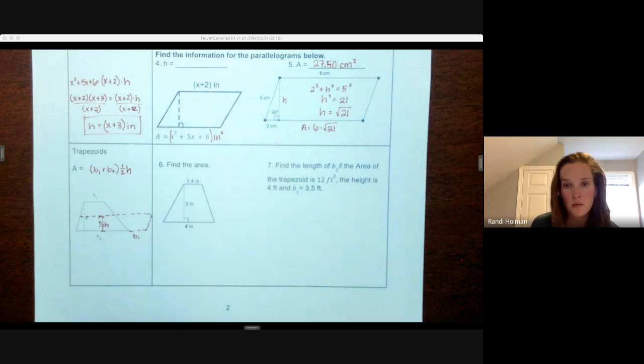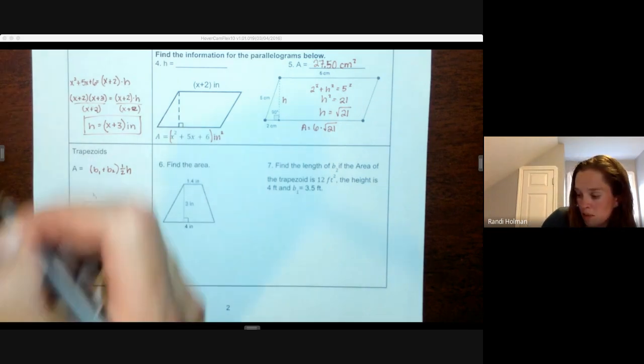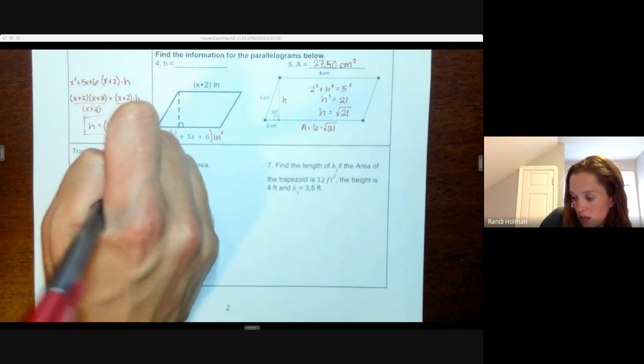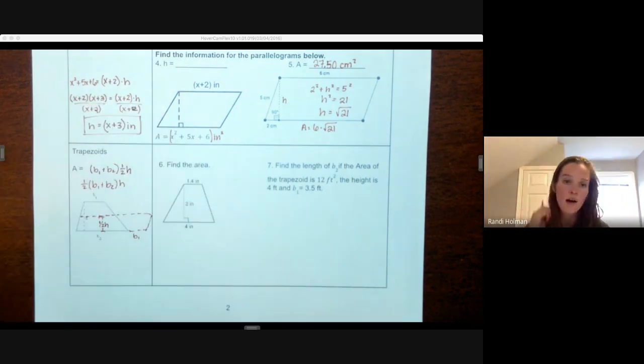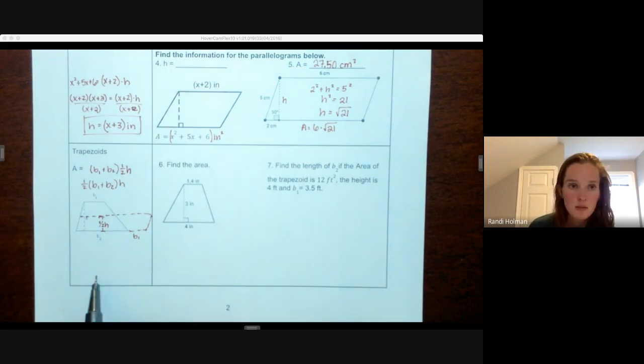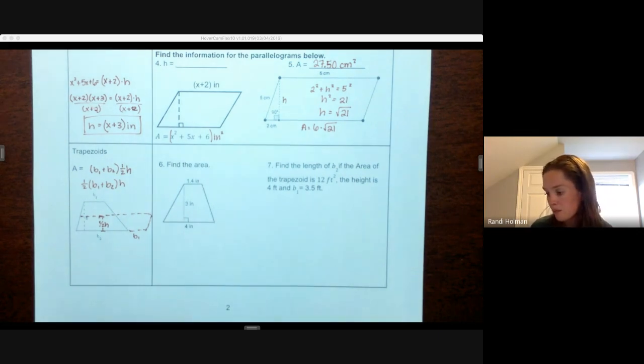It might be rearranged. Remember, multiplication is commutative, so it might be 1/2 base 1 plus base 2 times height, or however that looks. And it doesn't matter which one's base 1, base 2. Those subscripts just tell you that they are not the same, right? They have to be different to be a trapezoid. Otherwise, it's just a parallelogram. However, you could use that formula for a parallelogram and it would still work.